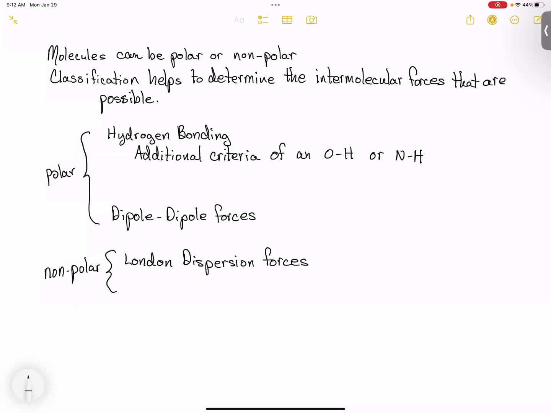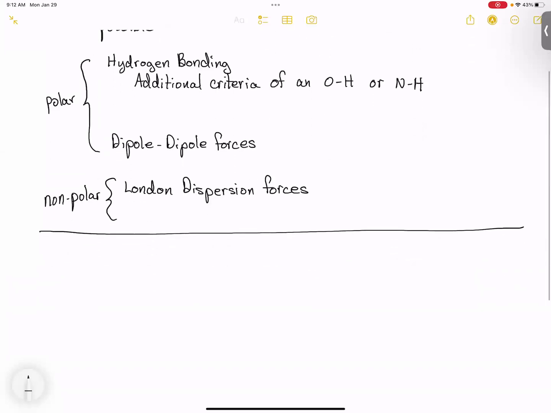Now, nonpolar molecules, their only option is those London dispersion forces. If we're looking at alkanes, which consist of carbon and hydrogen only, they are nonpolar compounds.